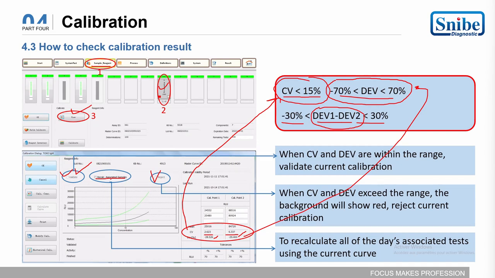So what is the meaning of this one? For example, during the daily routine, the end user, the doctor, ran three samples for TSH, and he got 3 results for his samples: concentration 1, concentration 2, and concentration 3.